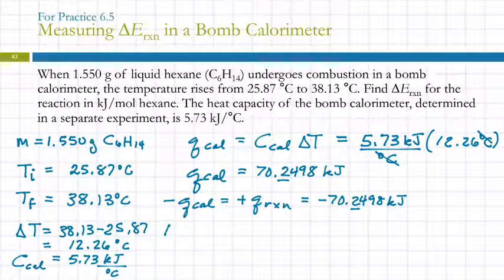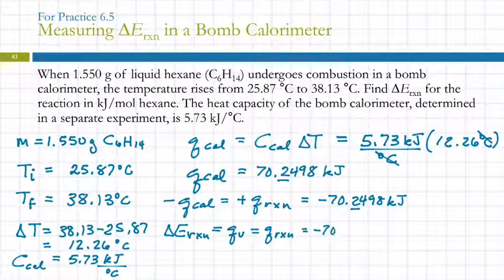Well, we said that delta E for the reaction is equal to the heat at constant volume, which is what we've got going on here. But what do they specify? Kilojoules per mole of hexane.